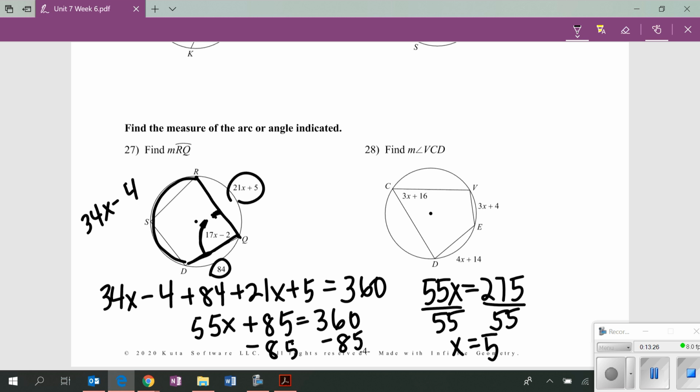Okay, not quite done because remember I'm finding the measure of the arc. So I need to plug that 5 back in here. 21 times 5 plus 5 to figure out the measure there. So 21 times 5 is 105 plus 5 is 110 degrees.